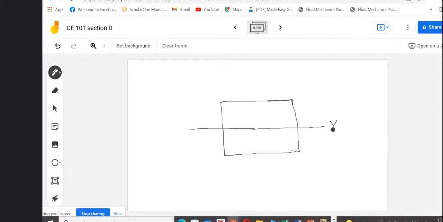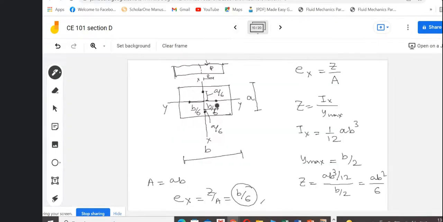This is our y, this is our x, this is b, this is a. So we have seen it here, b by 6, b by 6, a by 6, a by 6.